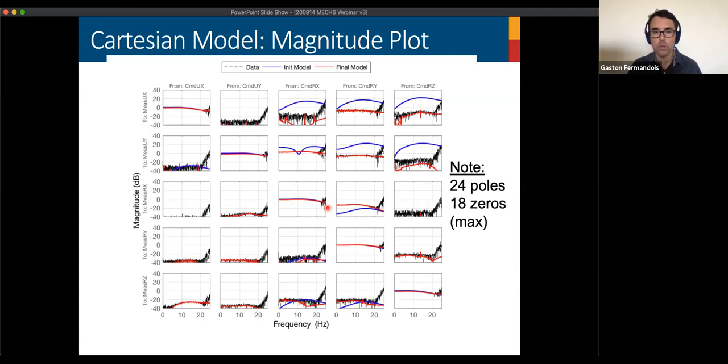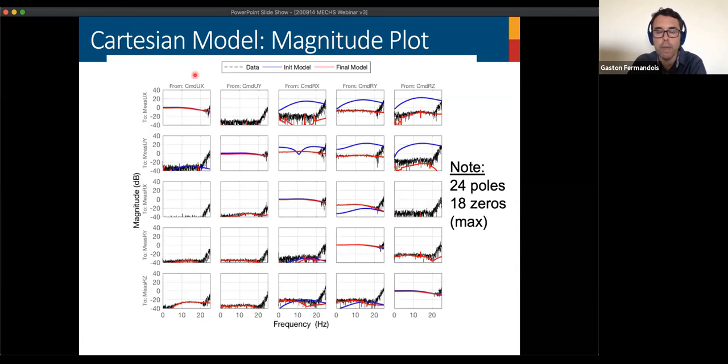And these are the results. So in black, this is first the FRF, the experimental FRF for the magnitude plot in decibels. And we have a frequency bandwidth from 0 to 25 or 30 hertz, more or less. So the diagonal terms means that we are commanding a certain signal.